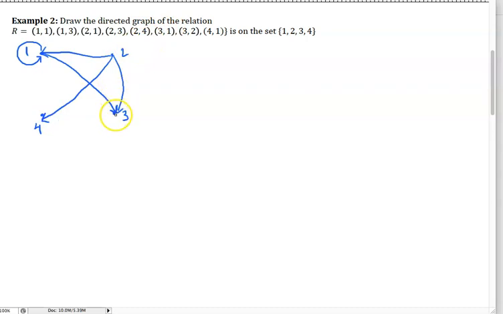Now 3 goes to 1. 1 went to 3, but 3 also goes to 1, so there's another edge with the arrow pointing the other way. 3 goes to 2. 4 goes to 1. And we put the arrow here to see it better. And that's it. You look at all the coordinate points and draw the arrows pointing from the initial vertex to the terminal vertex.